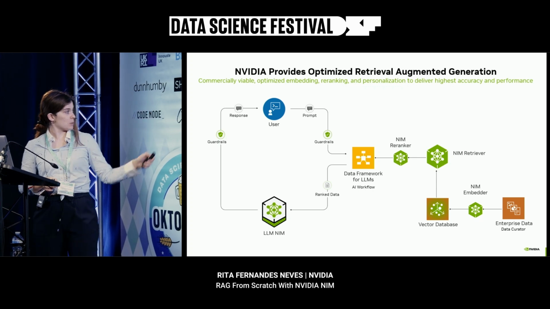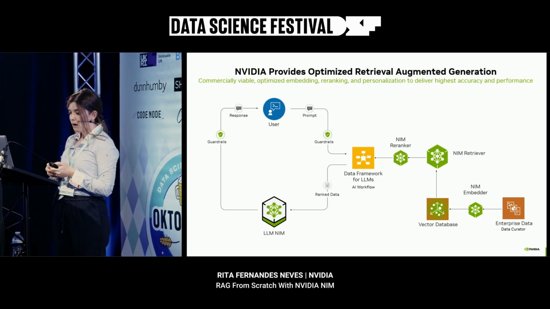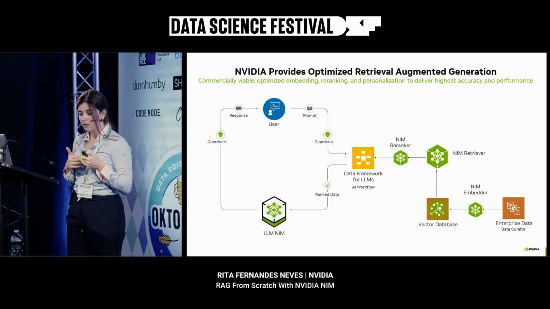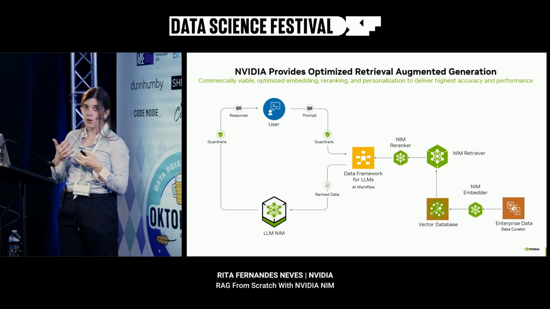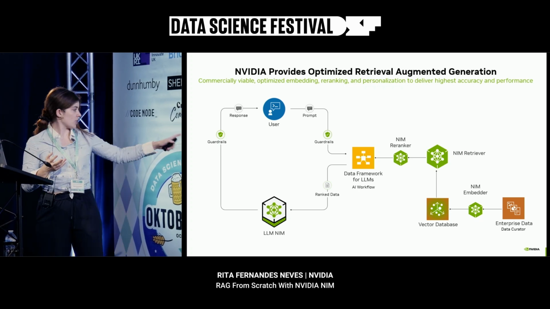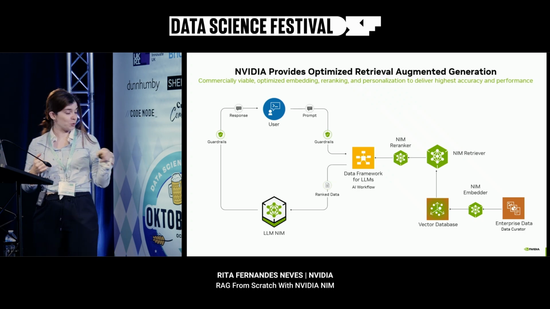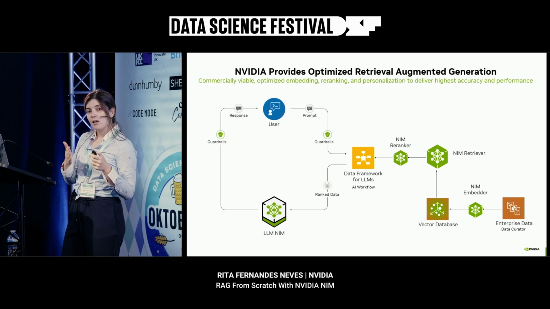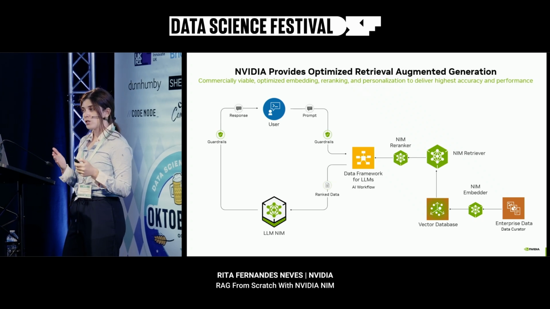And then one interesting thing that I want to point out is the guardrails part. The guardrails are also NIMs, and they are very important in the sense that they are models also to control the output of your LLM. As you can see, they take the output of the LLM NIM. This basically means that you can control the hallucinations that you may have.